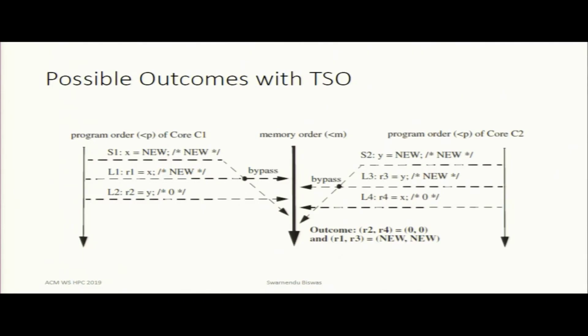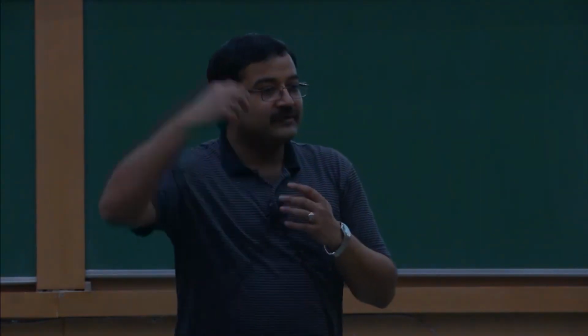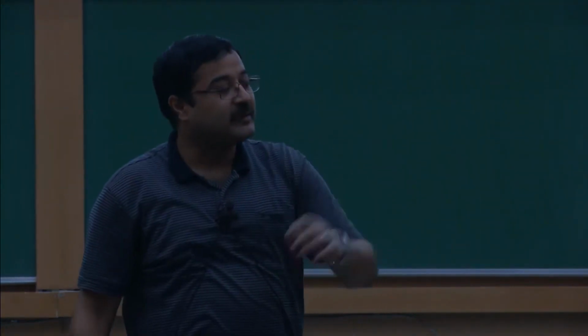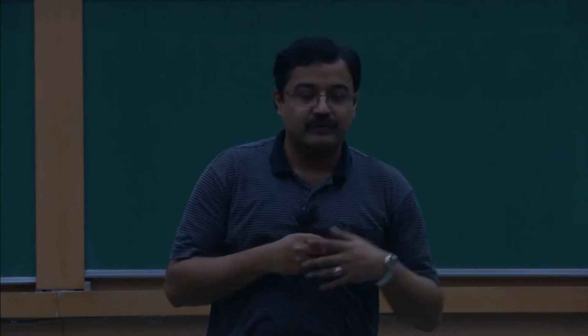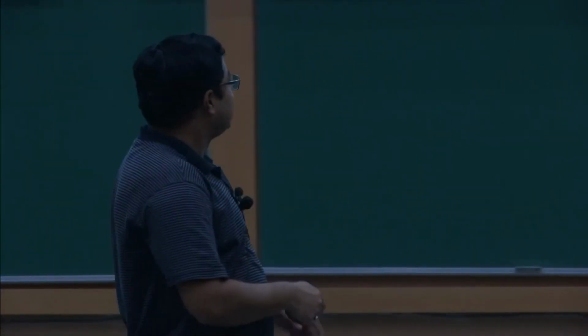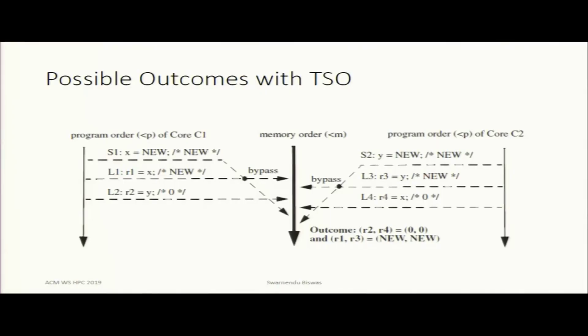Although this store is going into the store buffer, what TSO has to do is, whenever you read something, you need to check whether the value is in the store buffer. If the value is in the store buffer, then read it from there. Otherwise, go to cache and then go down the memory hierarchy. So now you basically have another level of indirection. You have to look into the store buffer first. That is how this X gets the correct value. Because when you have a read of X, it looks into the store buffer, sees new is there, and gets it from there, right?